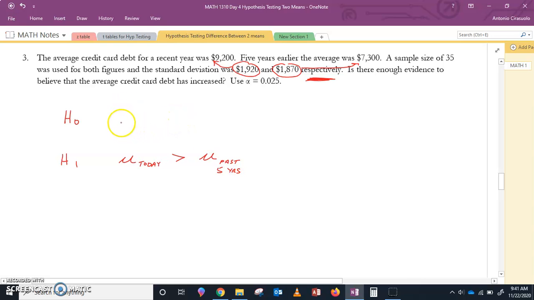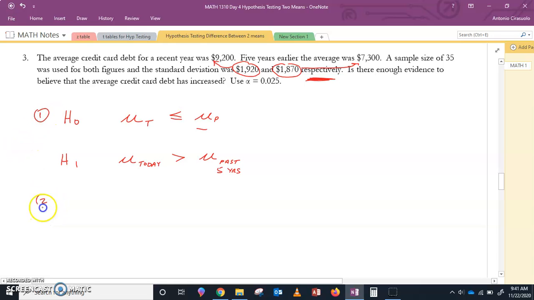And that would mean that our null hypothesis is less than or equal to, and I'm just going to put today, and we'll say the past for the subscript for this mean up here. So that's our first step.